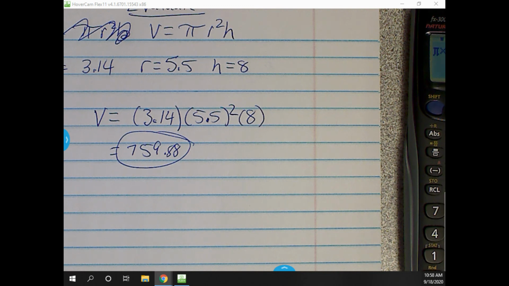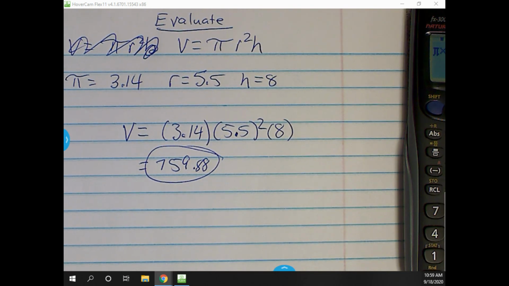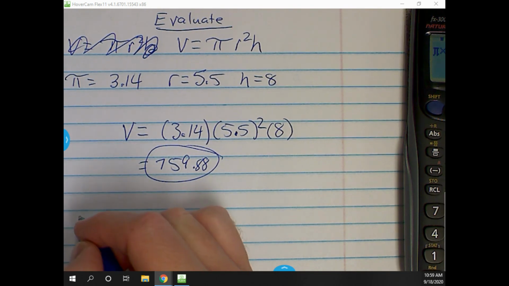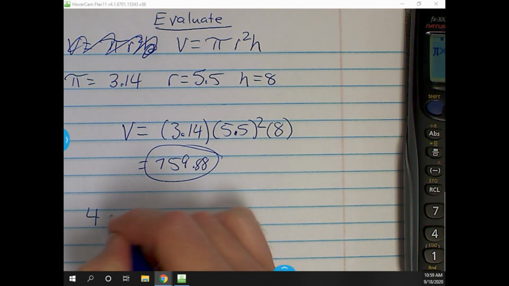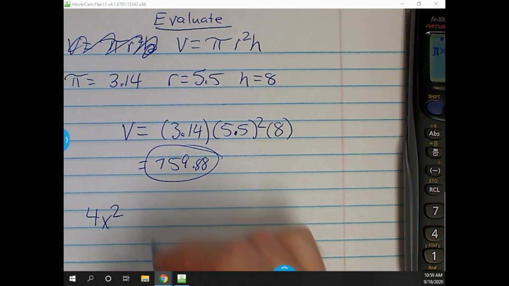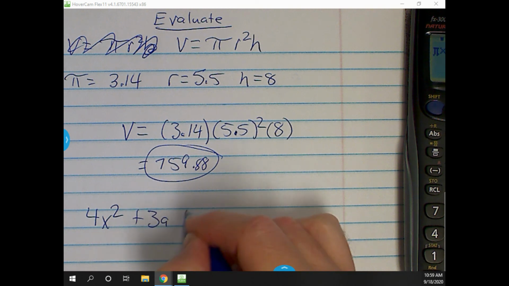Okay, and the other type of evaluate questions where you didn't have a formula, it was basically just something like this. You had 4x squared plus 3a plus b.